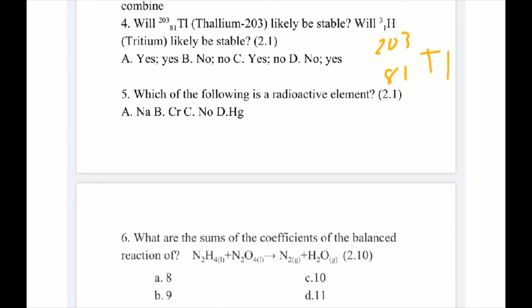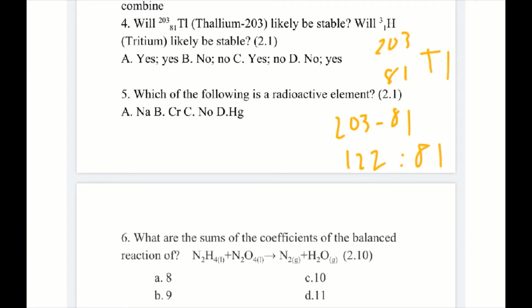So let's calculate the neutron to proton ratio for thallium-203. So the number of neutrons is just 203 minus 81, and that will get us 122, and we have to set that in relation to the number of protons. So the number of protons is just 81.